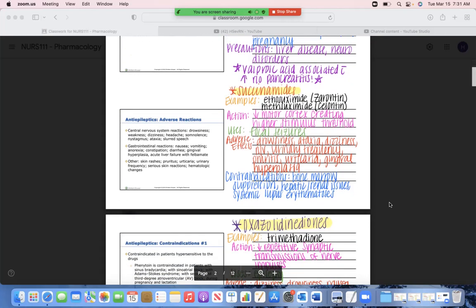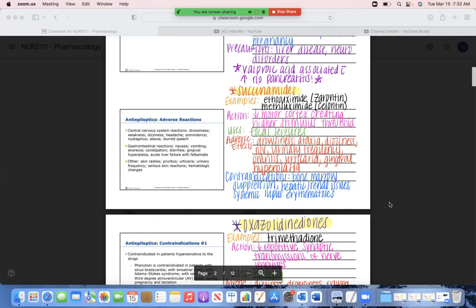The next class of medications are called succinamides. The two big ones are ethosuximide and methsuximide. These decrease the motor cortex, which creates a higher stimulus threshold. So by decreasing the motor cortex, it requires a lot more signal to stimulate the motor action, right?